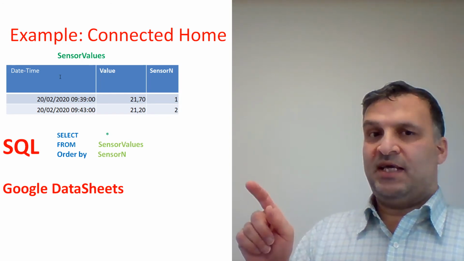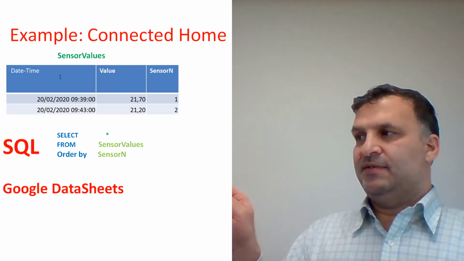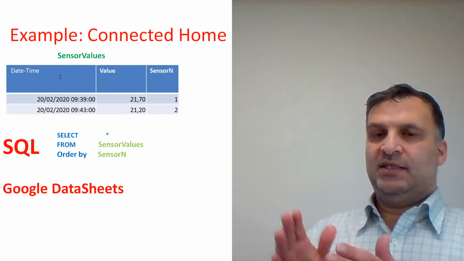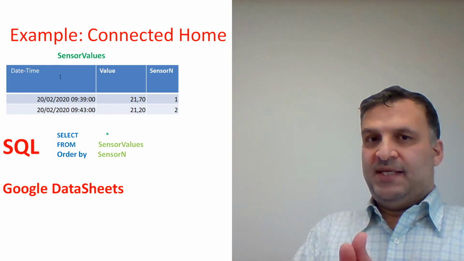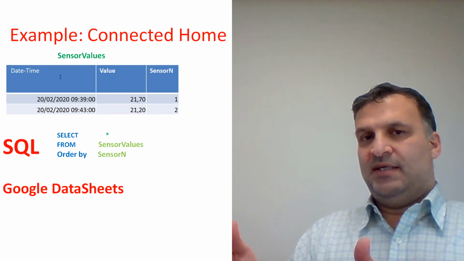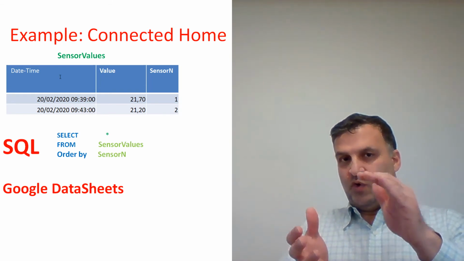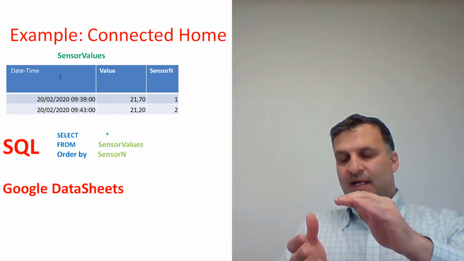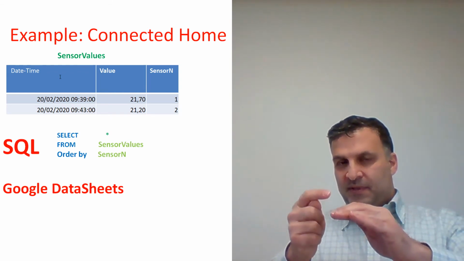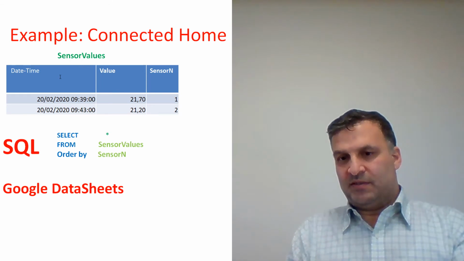What is important here is that we can also choose many columns. So we can choose that the order should be by column 1, then by column 2, then by column 3. So we will divide all the values in groups. After that, we will organize each group separately using the second parameter.